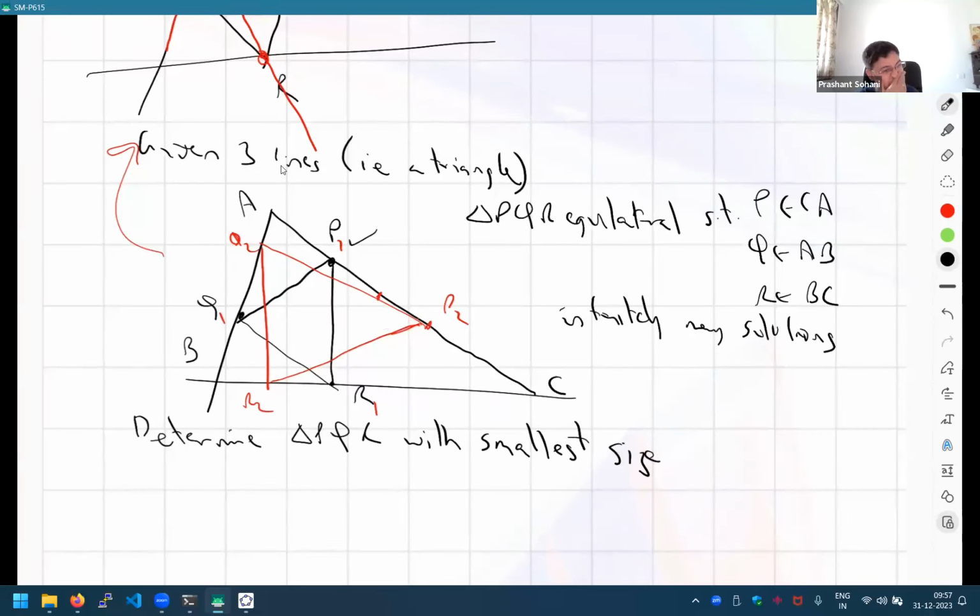So we could do it using what we discussed earlier. We could use some kind of Apollonius circles if we want, or we could use angles, the arcs with the constant angle. Both approaches should be fine. We can pick any approach which we think is easier to trace.